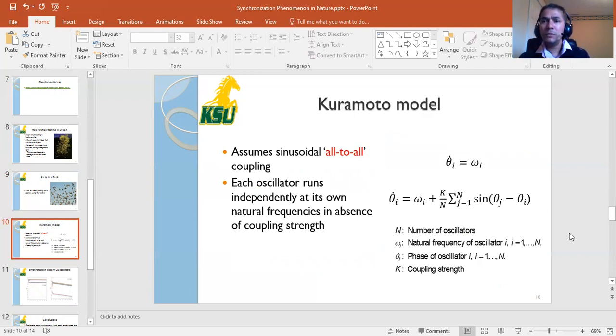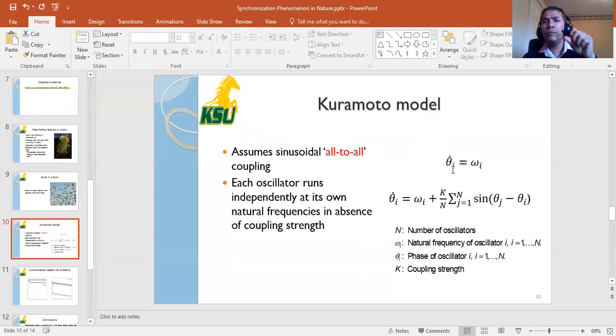There is one person, notably a Japanese physicist, I think he's not a physicist, I think he's a chemist. His name is Kuramoto. He proposed a mathematical model to explain these natural phenomena, and this is what we call the Kuramoto model.